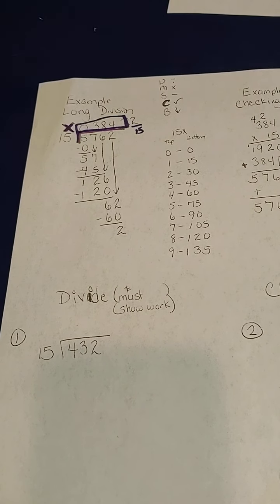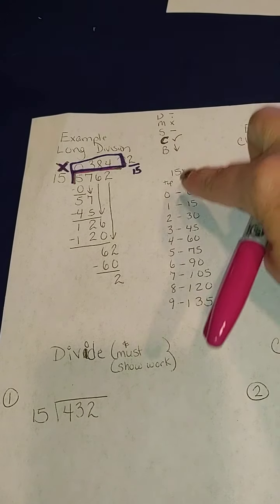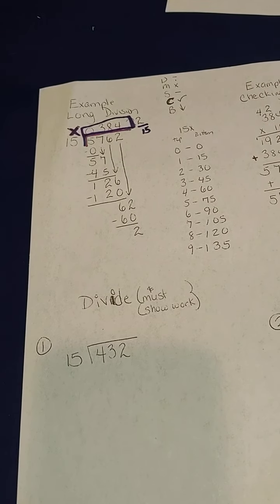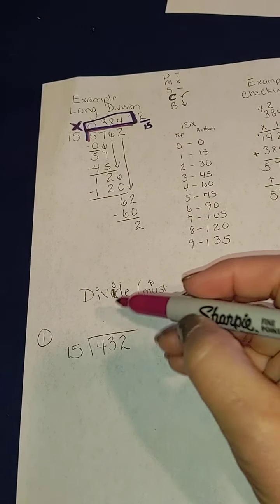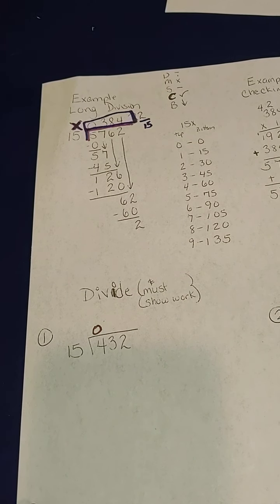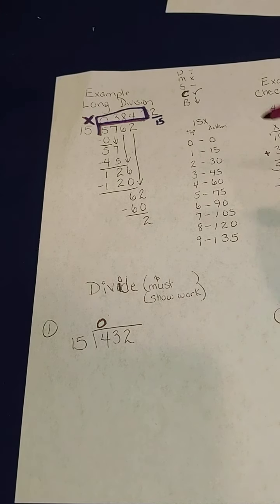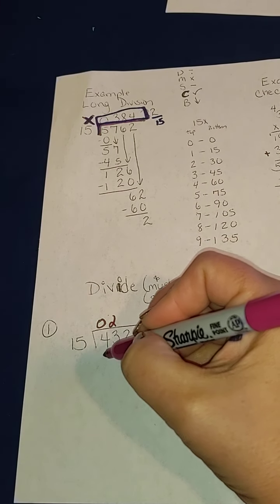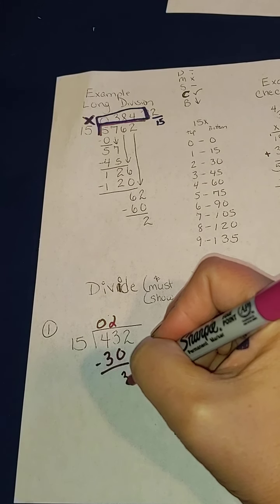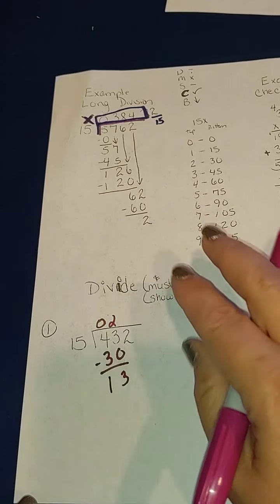So now we're going to do one together. And again, I have given you the T-chart for simple division. So let's begin. 15 cannot go into 4. 15 can go into 43. 45 is too big, so I'm going to pick 30. Subtract. 13 is less than 15.